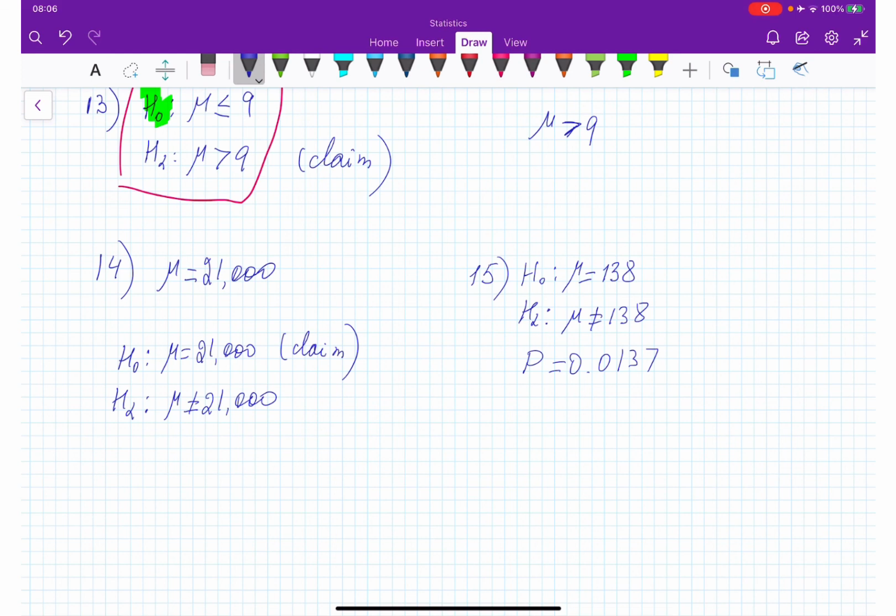We have the significance level alpha, which is 0.01. The p-value of a hypothesis test is the probability of obtaining a sample statistic with a value as extreme, and this is extreme, right?